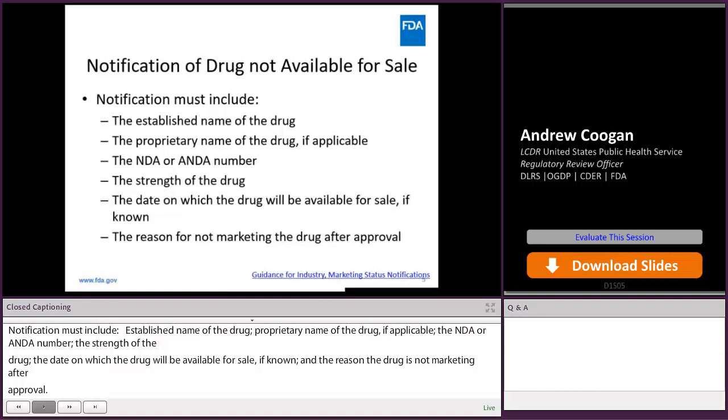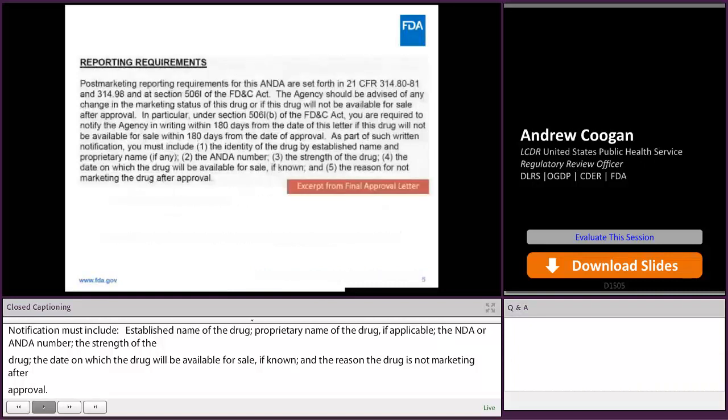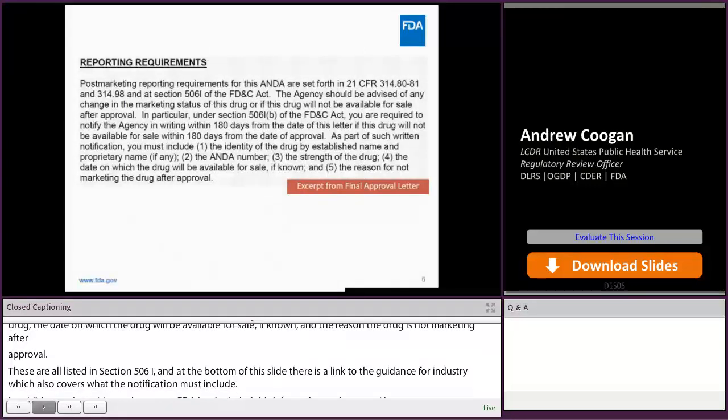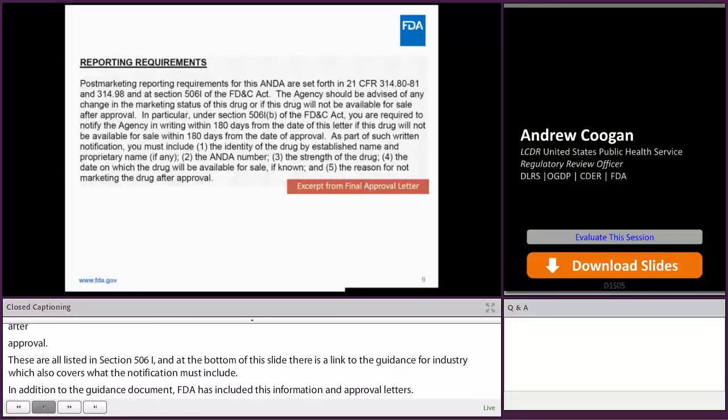In addition to the guidance document, FDA has included this information in approval letters. Under the reporting requirements section, FDA has in all approval letters the post-marketing reporting requirements under section 506IB, notification of drug not available for sale.